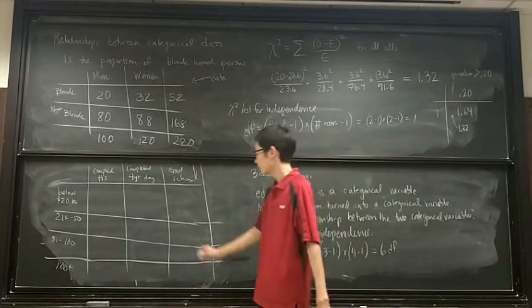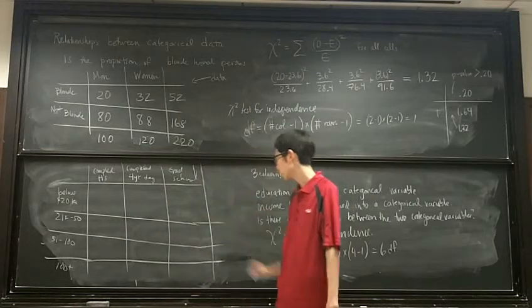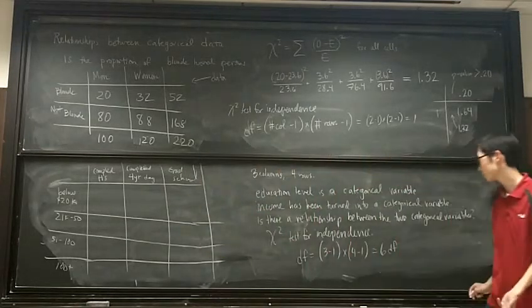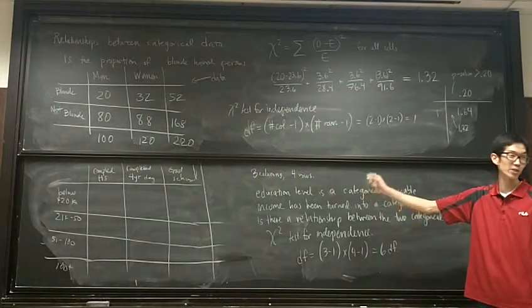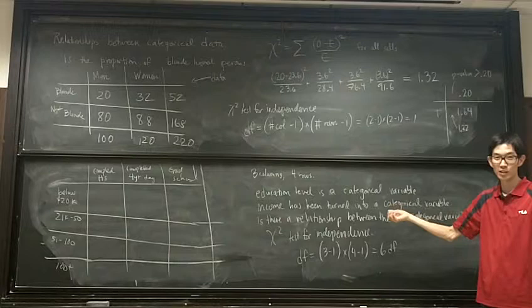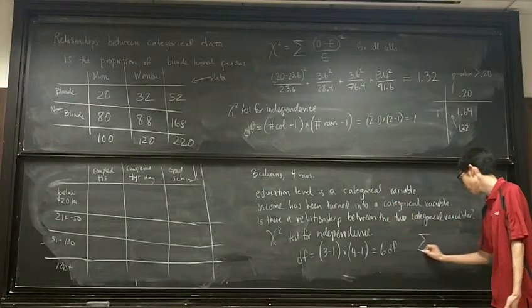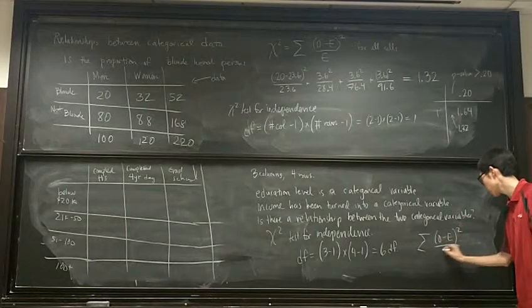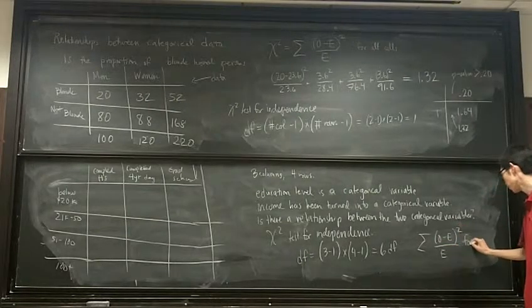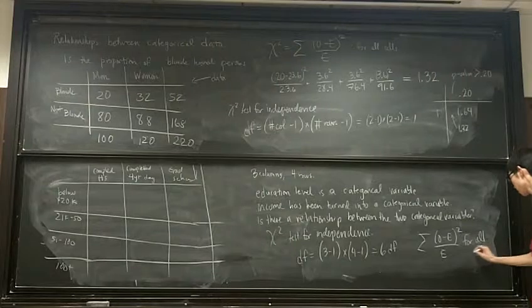I would have 12 cells of observed data, and then I have to figure out the expected cells. So there's 12 expected values I need to come up with, and then I just have to add them all up. Observed minus expected, quantity squared over expected, basically for all 12 cells.